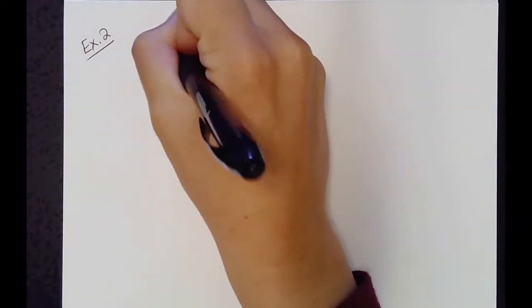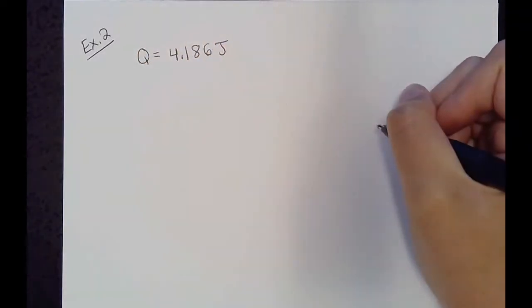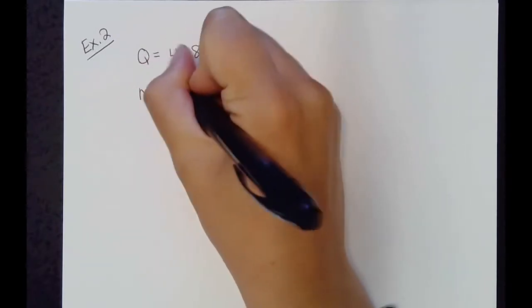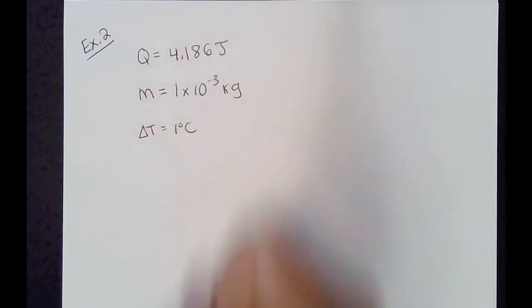Q, which is 4.186 joules, and then this is the mass for 1 gram of water, so 1 times 10 to the negative 3 kilograms, and to raise it by 1 degree Celsius.